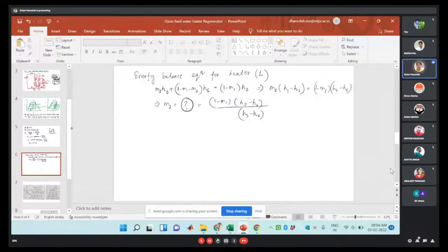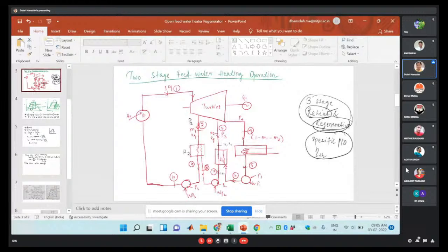Now again we have to write the energy balance equation for heater 2. In this case the point will be at this point.